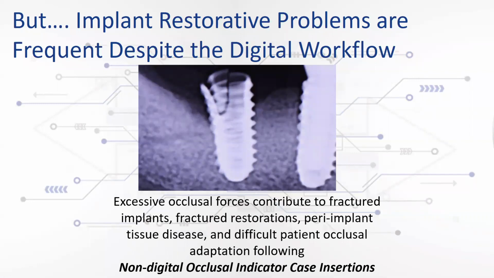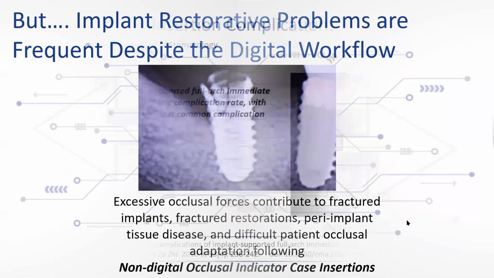And it really is due to the use of non-digital occlusal indicators during case insertions. And the reason for that is simply that traditional occlusal indicators do not measure occlusal metrics. They do not provide the information that really helps one control these force-related problems.